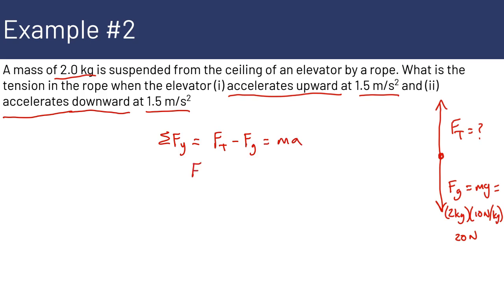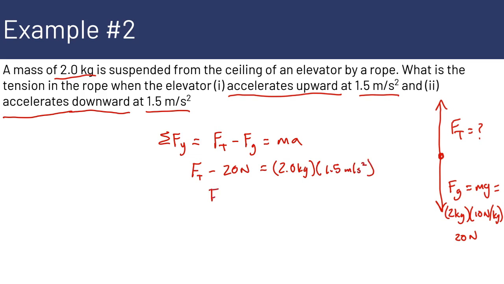So we have tension force minus the gravitational force, which we know is 20 newtons, and that's equal to our mass, which is 2 kilograms, times our acceleration. Now for 1, we have an upward acceleration, so that's a positive acceleration of 1.5 meters per second squared.